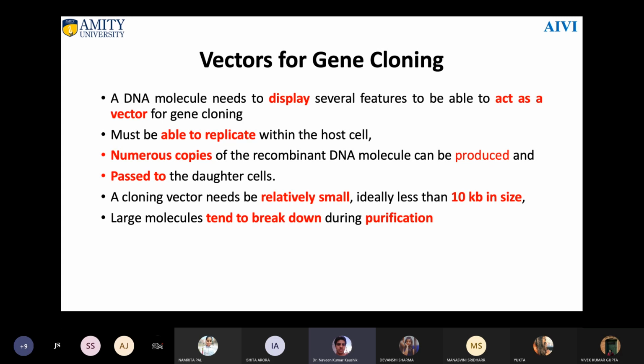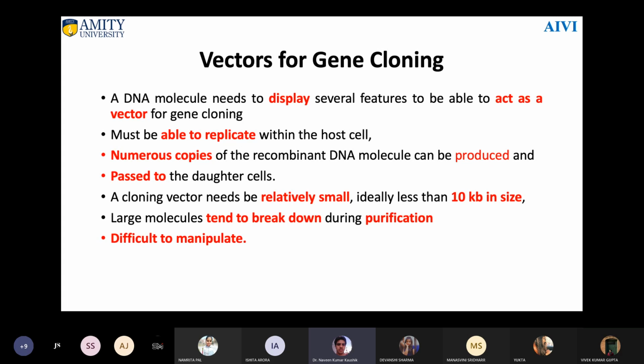So if it is very large, it is also possible that while you extract it, while you take out the vector, it may degrade. If it got broken down in your extraction process, then your job is over, and it is not going to be beneficial for you. So large molecules tend to break down during purification. That's why we also need to keep it small in size.